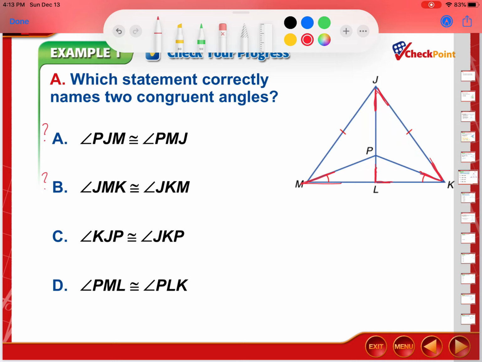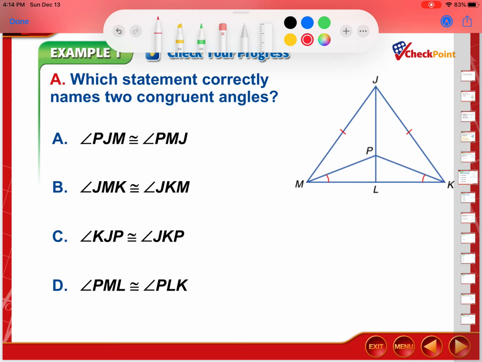Okay. So looking at this, those two angles look nothing alike. And quite frankly, they're the only ones that look nothing alike, which makes me start to wonder if something's fuzzy with this problem. So let me take a gander real quick. Okay. Yeah, so that one's not it.